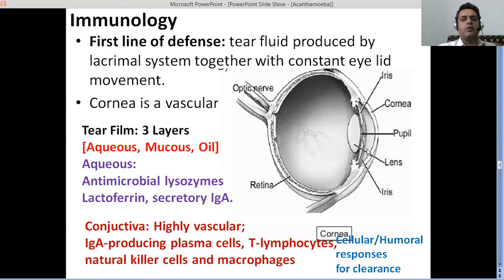So it's hard for the parasite to reside in the conjunctiva rather than residing on the surface of the cornea, which is less protected as compared to the conjunctiva.